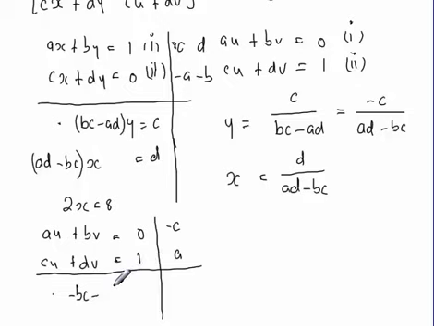Then plus AD. This is exactly that. But let's not hurry. And this is V. Equals minus C there, multiply, I get a 0. There I get A. Then I get that V is actually equals to A over AD minus BC.